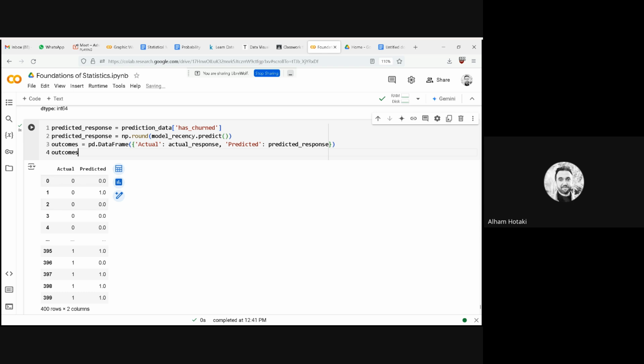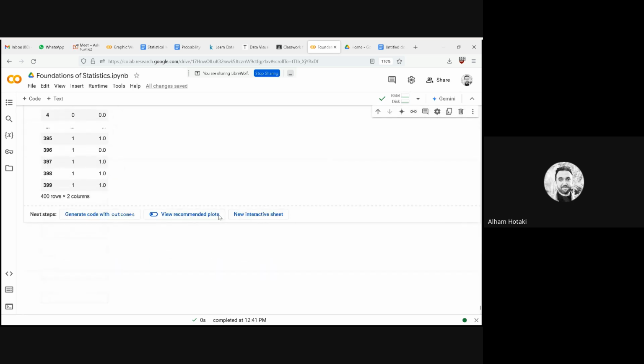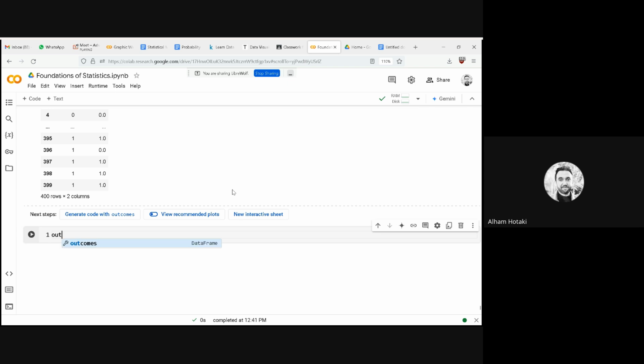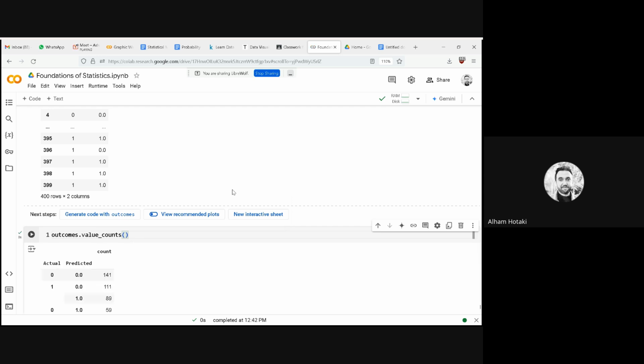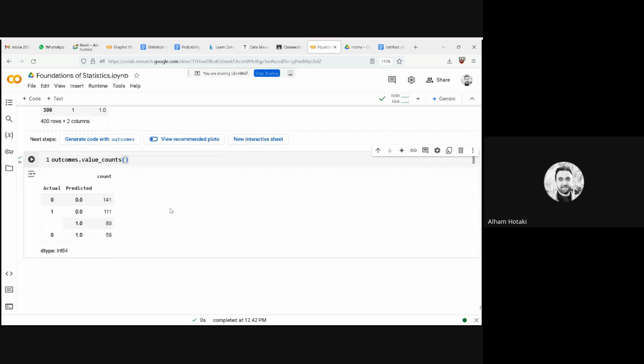This is why we want to develop such a model and understand. Now let's do something else. For example, to have a proper understanding, let's do value counts. Look at that. This is actual and this is predicted.